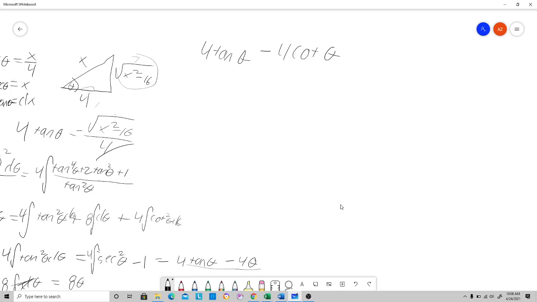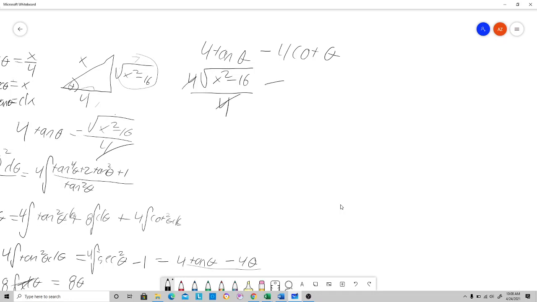If we look at the relationship in the triangle, tangent is opposite over adjacent. So this can be rewritten as 4 times the square root of x squared minus 16 all over 4. The 4s can go away actually.